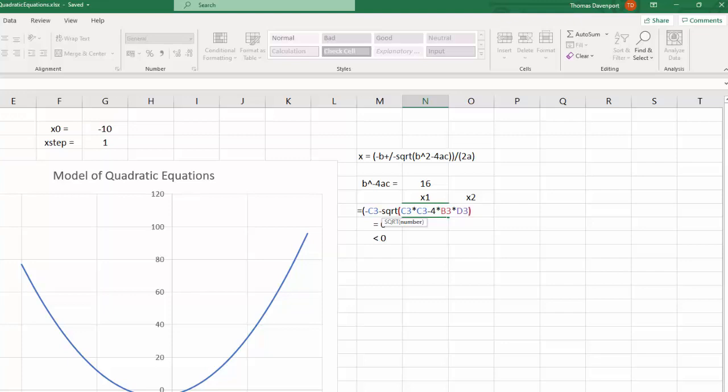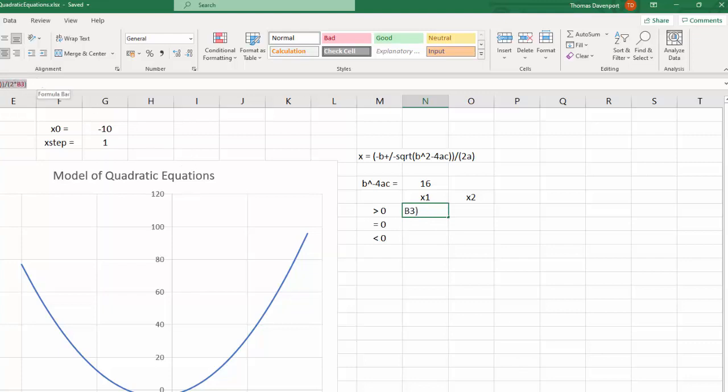Okay, so that's b squared minus 4ac. So that's minus b minus the square root of b squared minus 4ac. Then I need to close that bracket and then divide by, open bracket, 2 times the a value, which is actually 1, but I'll stick it in anyway, so when we change it, it will work. Okay, put that in, and I've got the root of minus 3, which, if we look here, looks about right, doesn't it?